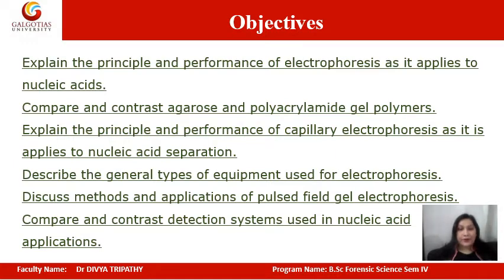You will be able to explain the principle and performance of capillary electrophoresis as applied to nucleic acid separation as well. You will be able to describe the general types of equipment used for electrophoresis, and lastly you will be able to discuss the method and application of pulsed field gel electrophoresis and compare and contrast detection systems used in nucleic acid separation applications.